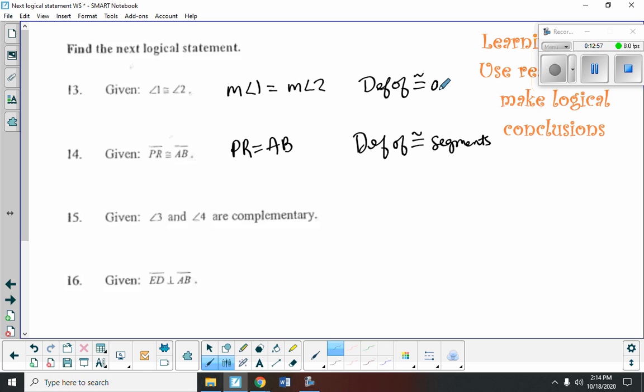This one was angles. Next, it says angle 3 and angle 4 are complementary. So let's look at complementary angles. Two angles that add up to 90 is the definition. So you can put the measure of angle 3 plus the measure of angle 4 equals 90, and that is the definition of complementary angles.